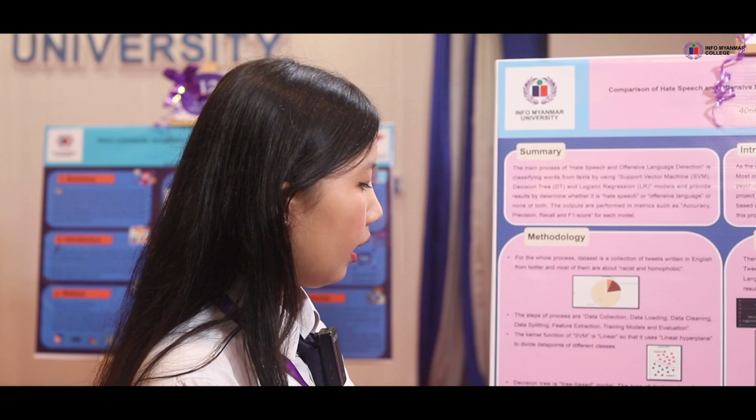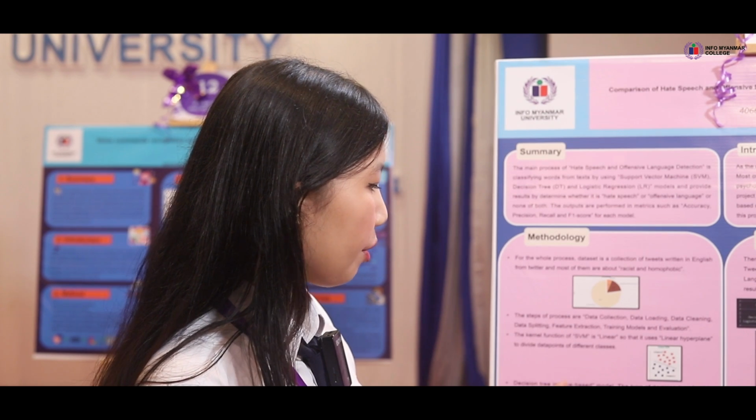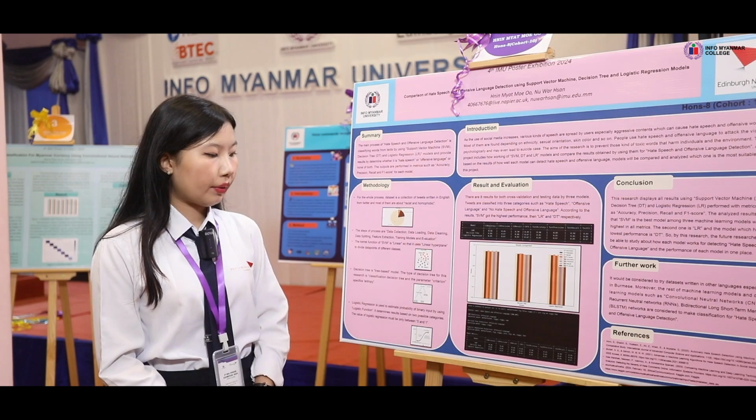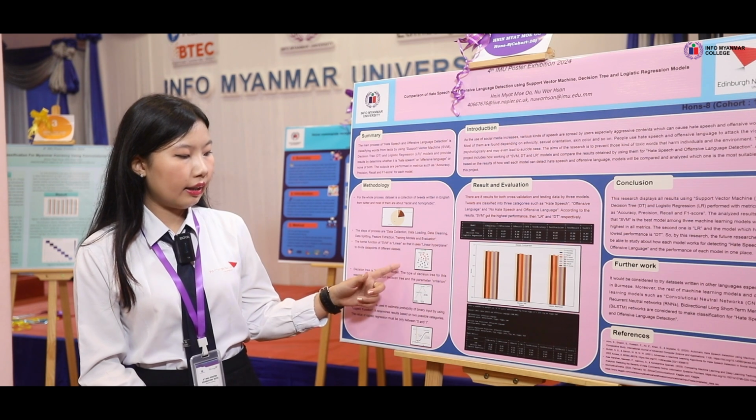For this research, entropy is used for the parameter criterion, and best is used for the parameter splitter, which means that the decision tree model finds the best split and uses it to split the data into different classes, and it repeats the process until the tree branch ends or the condition is met. And we can see the example in this photo.